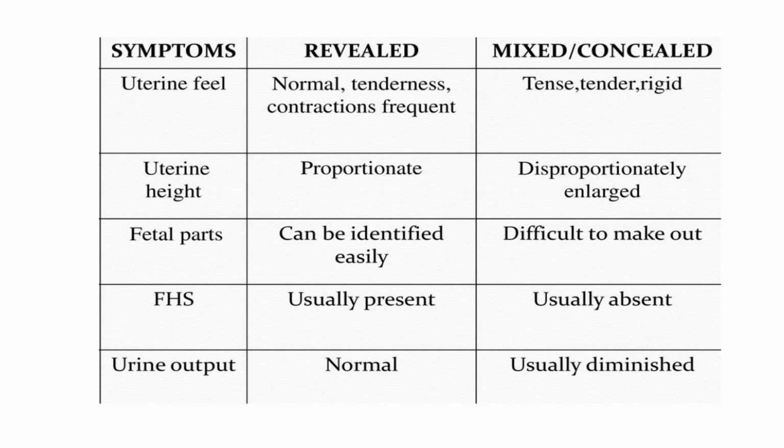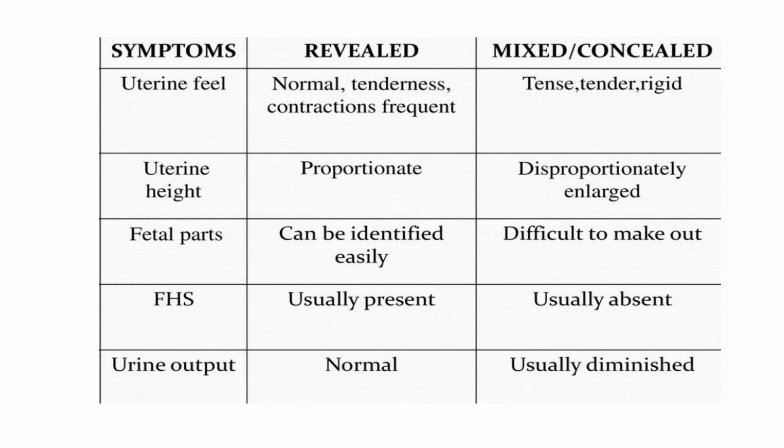Revealed is when the bleeding is there; in mixed or concealed, there's spotting, and still abruption is there, but the bleeding is not of that amount which the abruption has occurred. In revealed, because there is no hematoma, the pressure is decreased because all the blood has come out of the cervix.